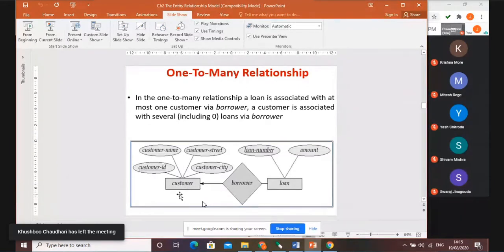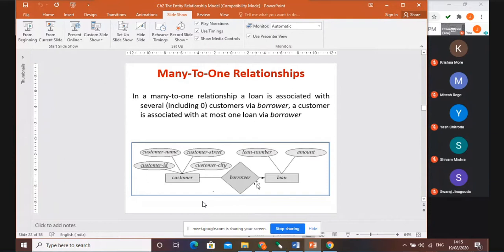From these customers, for example, we have customers ABC, PQR, RST. So ABC customer can borrow many loans. One customer can borrow many loans. Clear with this? Similarly, suppose we have PQR. PQR is one customer who can borrow many loans. So an arrow indicates one and a solid line indicates many.